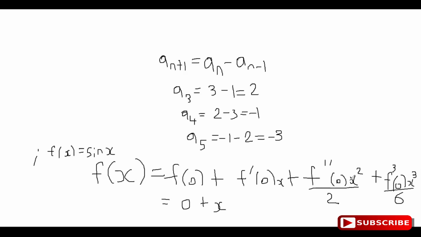We differentiate cos, we get minus sine, and minus sine of 0 is minus 0. When we differentiate minus sine, we get negative cos, and cosine of 0 is 1, so we get negative 1. So the answer is minus 1/6 of x cubed. Very good. And so this just works out to be x minus x cubed over 6.